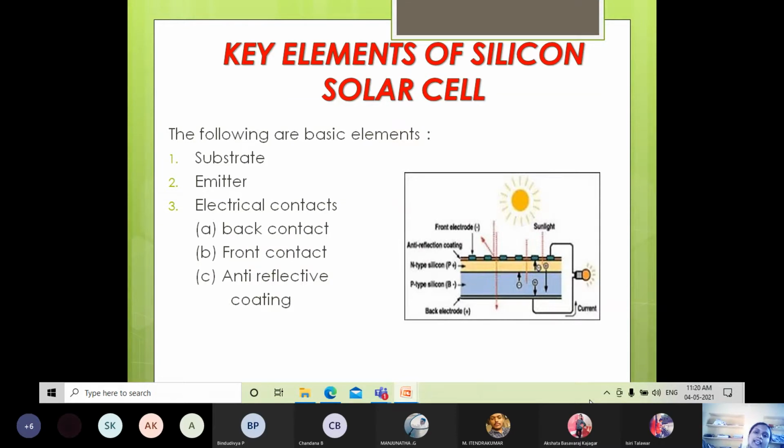When you come to the key elements of a silicon solar cell, the basic elements are: substrate, emitter, electrical contacts, that is back contact and front contact, and anti-reflective coating.